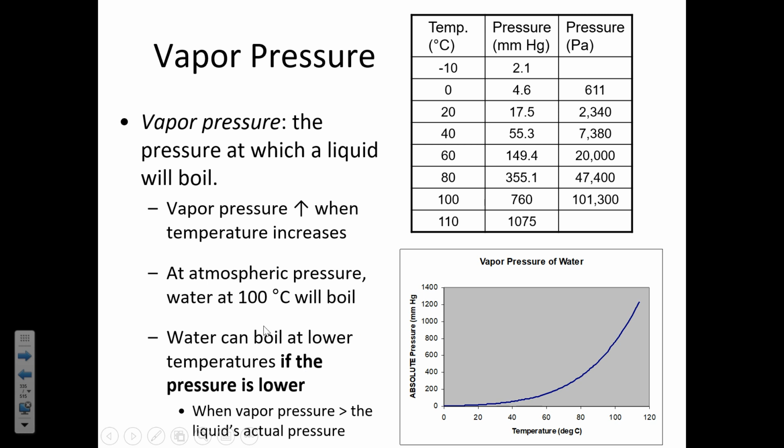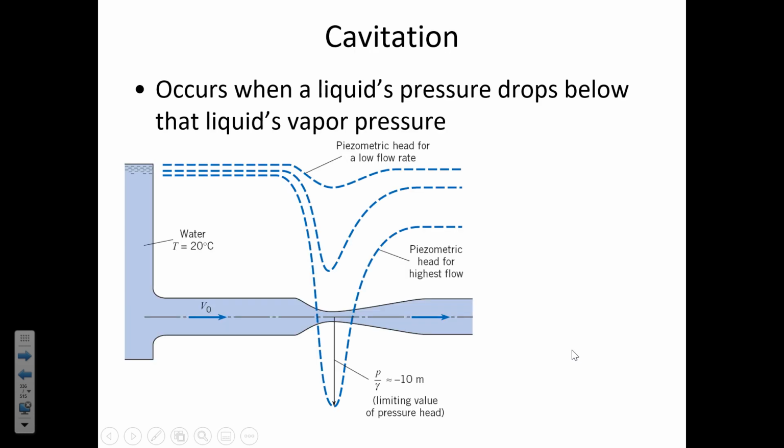Now, you can cause the water to boil at low temperatures by removing the pressure out of the headspace in, for example, a vacuum bell. And one place where you have a reduction in pressure is locations where the velocity is really high. So consider this, similar to what we saw in the lab.